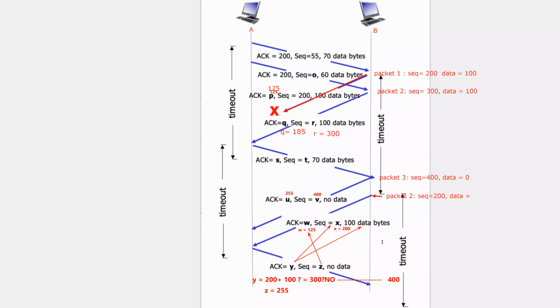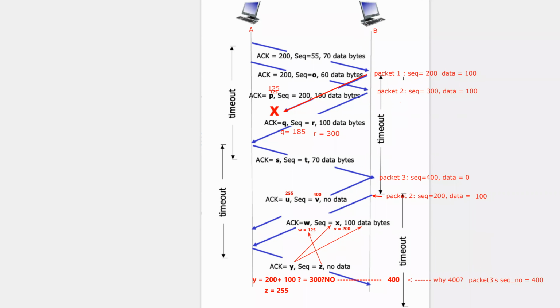So now you have some idea. Why should we have the Y value equal to 400? Packet 3's sequence number is 400. Is that okay?